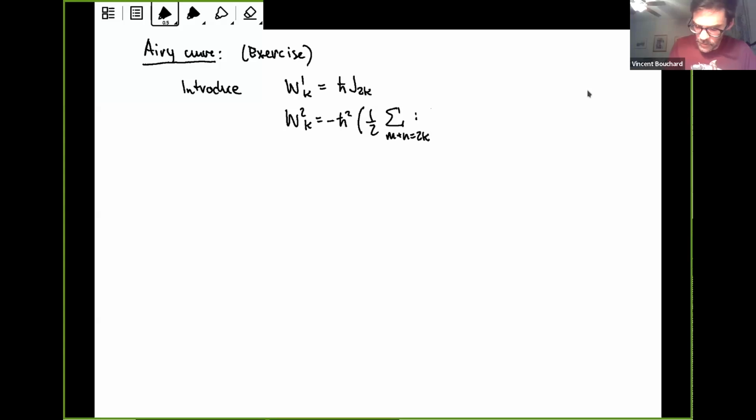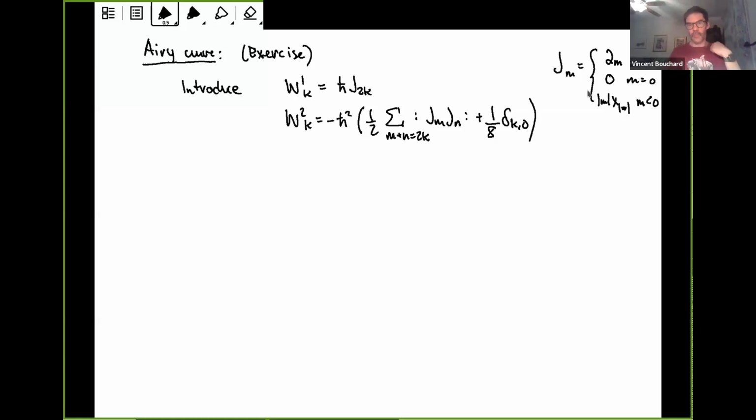So what are those? These are operators in the Heisenberg algebra. The J's were introduced a while back. Positive ones are derivatives. J_0, we're going to set to 0, although it doesn't have to be, but let's set it to 0 for now. And the negative ones are just variables we scale by n. So that's a representation of a Heisenberg algebra. Okay, so I introduced these operators.